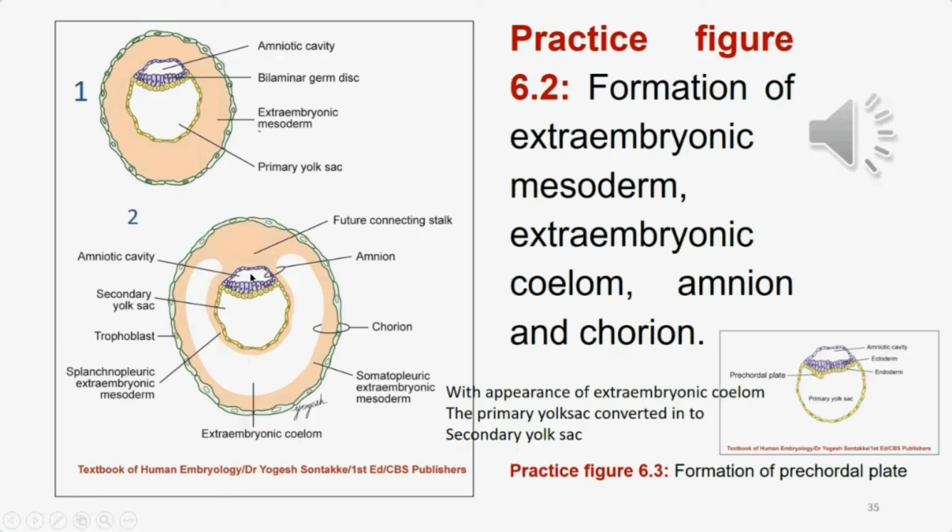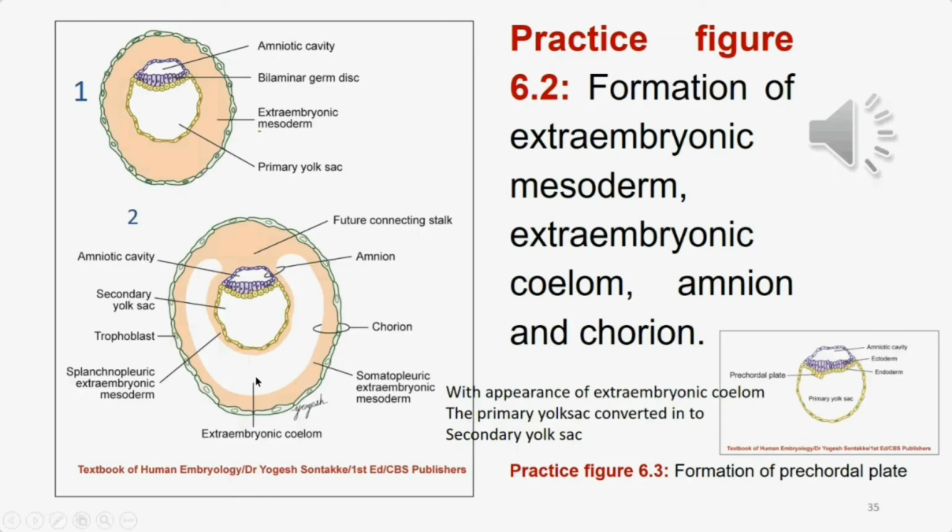In this part the extraembryonic mesoderm does not exist, so this part is known as the future connecting stalk. So this part of the embryo is floating in the extraembryonic coelom, and it also becomes smaller by the formation of the extraembryonic coelom.